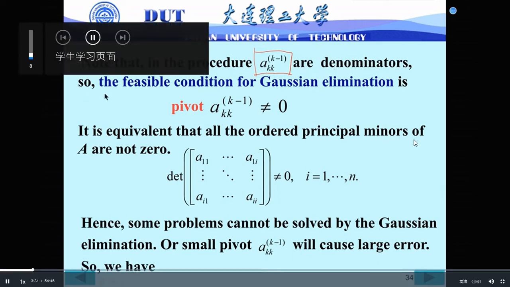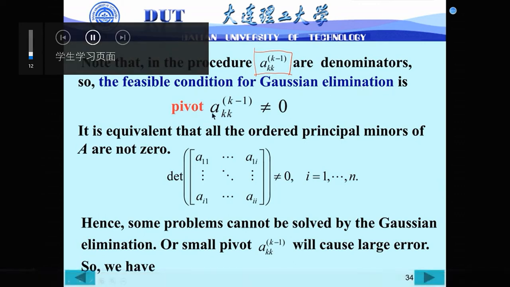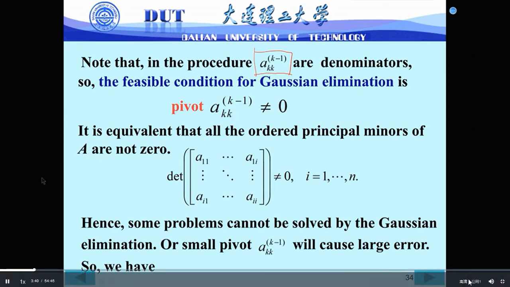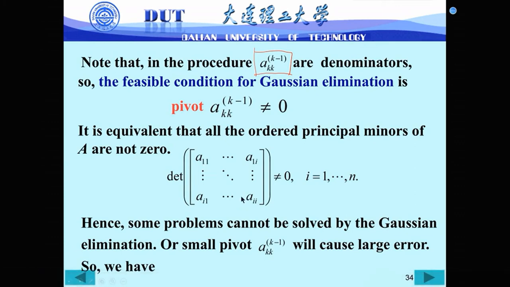So the feasible condition for Gaussian elimination is that all the pivots are not 0. Also, the determinant of the submatrix, here we use i from 1 to n, with first row A11 to A1i and last row Ai1 to Aii, these are the ordered principal minors of A.